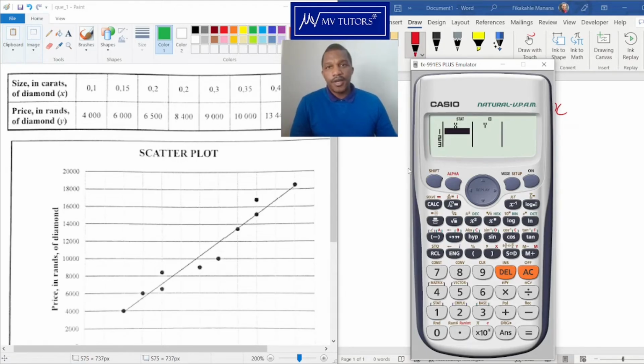Okay. Anyway, we have our x values here, the size of the carat. So the x will put those numbers.